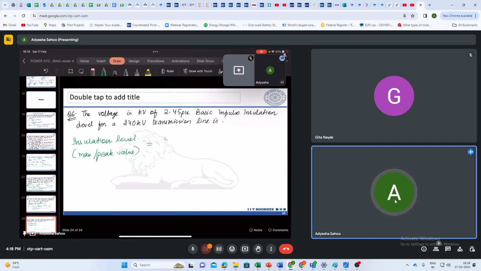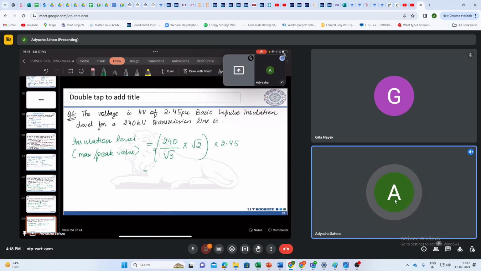So it is 240 kV per phase. So I divide by root 3. This is an RMS, and then I convert into peak by multiplying by root 2. So this is for 1 per unit, and since it is given as 2.45 per unit, so multiply again by 2.45.